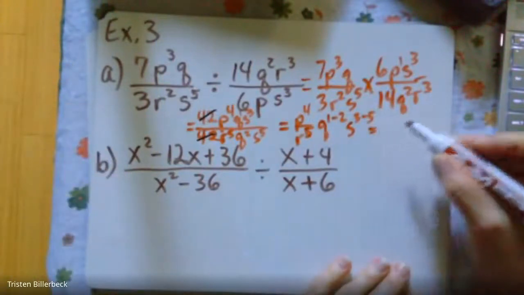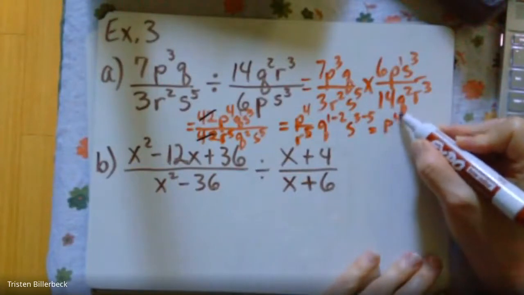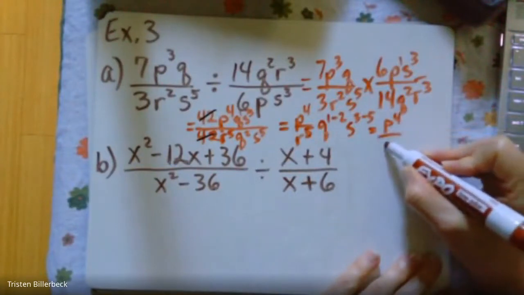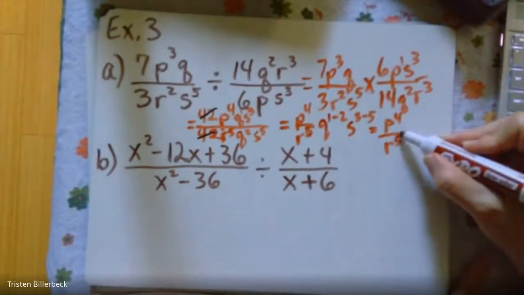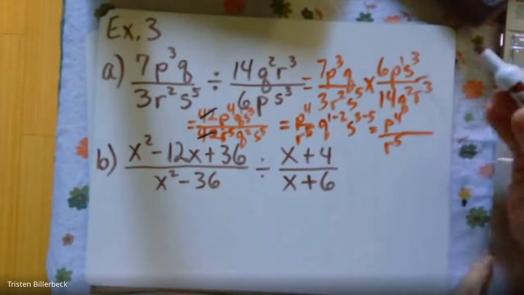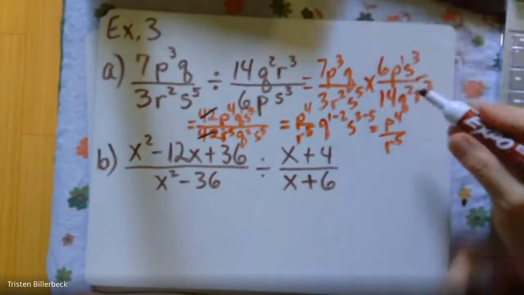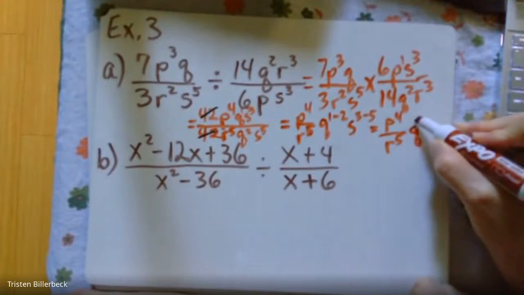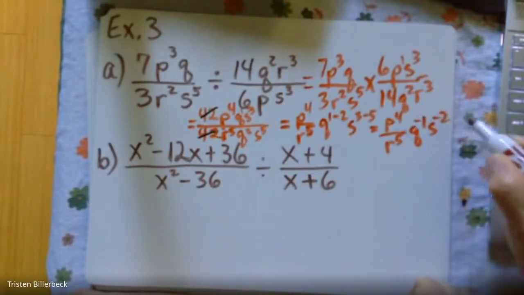So that's going to give me p to the 4th over r to the 5th. Then I have q to the negative 1, and s to the negative 2.